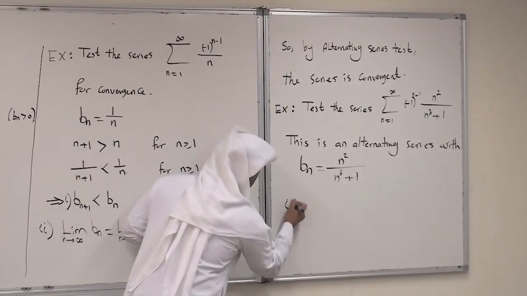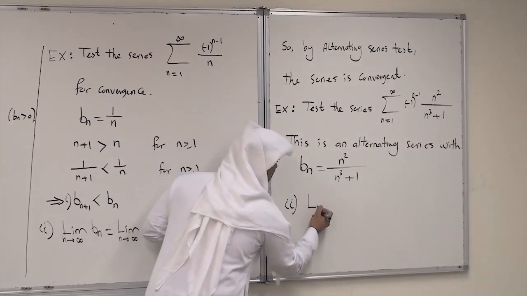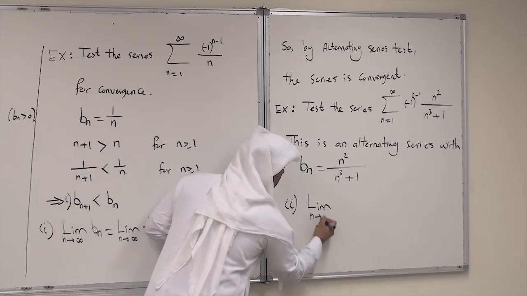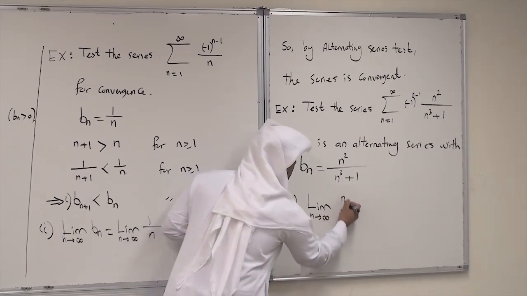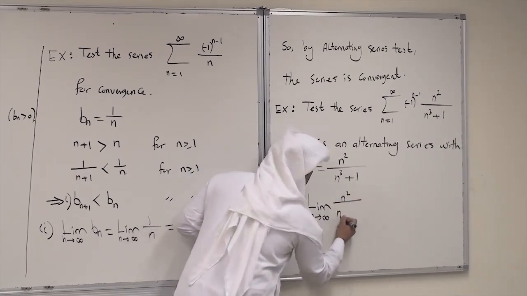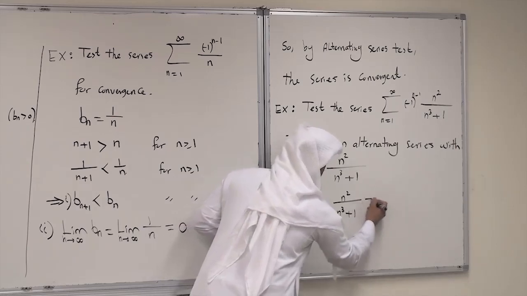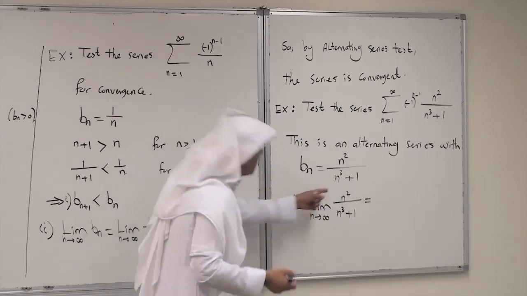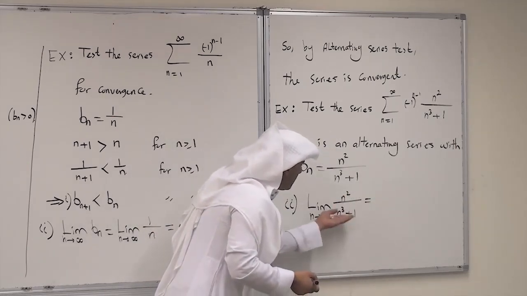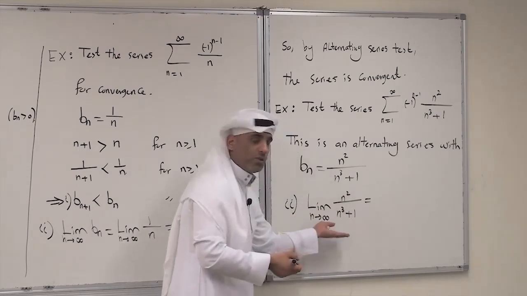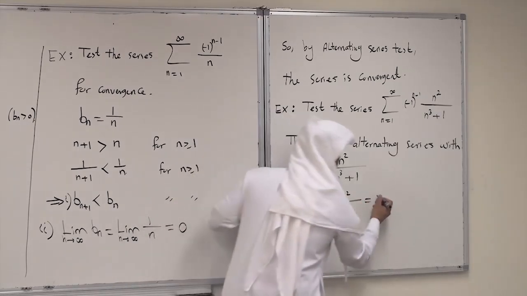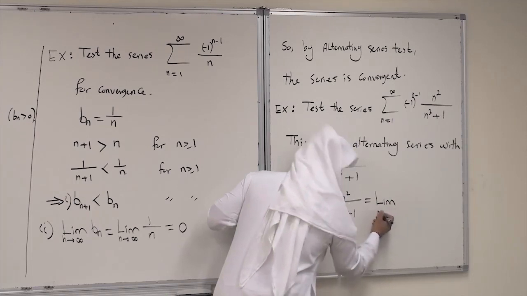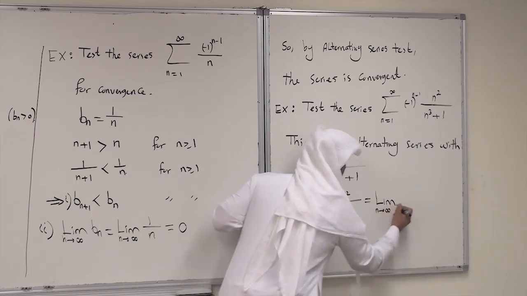That is so simple. Clearly we have, what is the limit as n goes to infinity of the Bn, which is n squared over n cubed plus 1. The degree of the numerator is less than the degree of the denominator, and these are two polynomials, so for sure this will go to 0. To show this, you just divide by n cubed. So this is n goes to infinity.